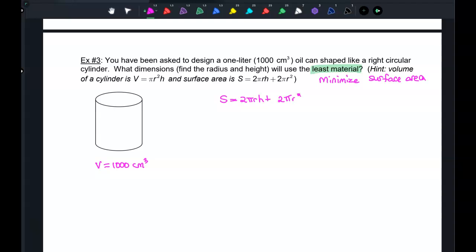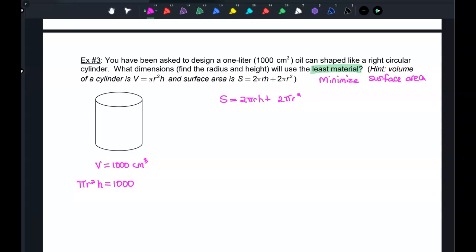So I want to do the derivative of this, but I have too many variables. I want to either get rid of H or get rid of R. Okay, I know volume is 1,000 and volume is pi r squared H. That has to be equal to 1,000. So I'm taking my volume formula so I can isolate one of the variables here and plug it in here.